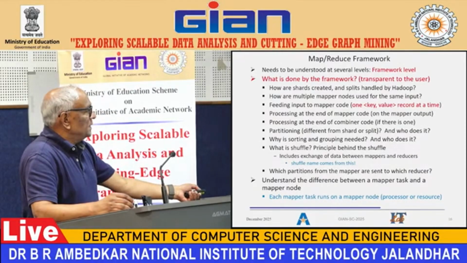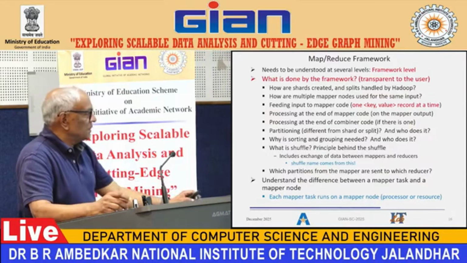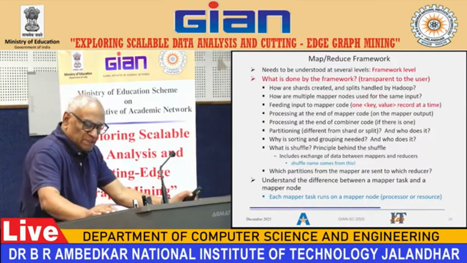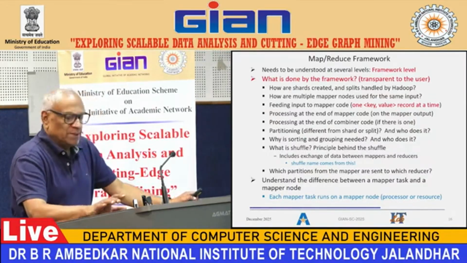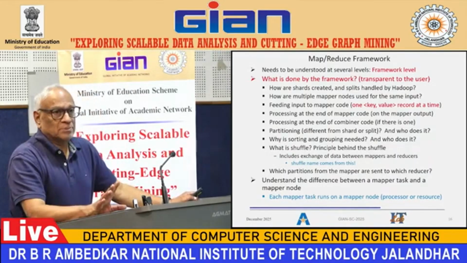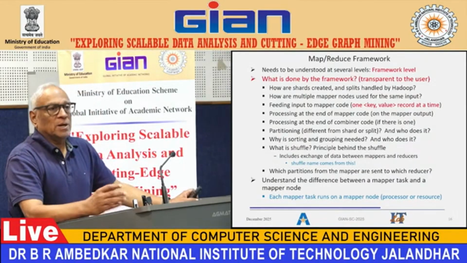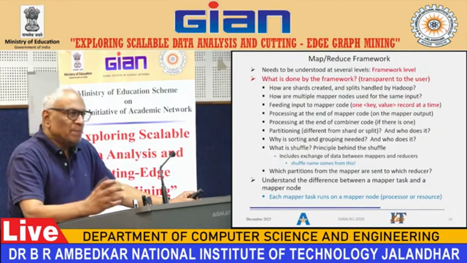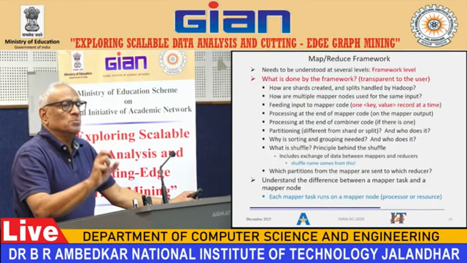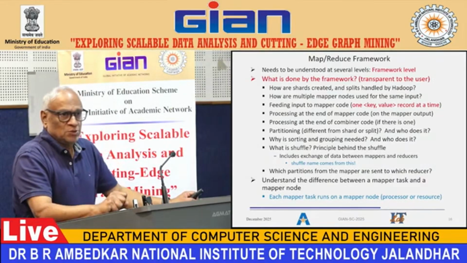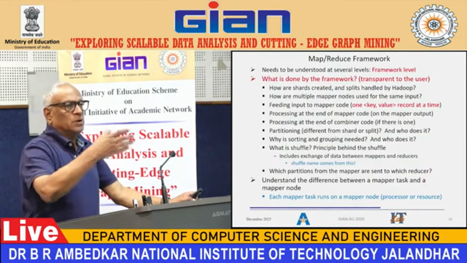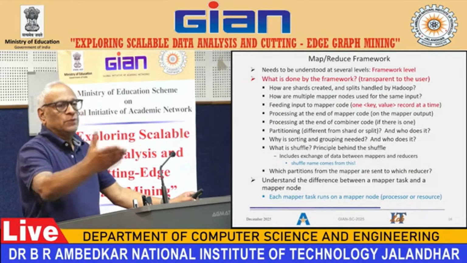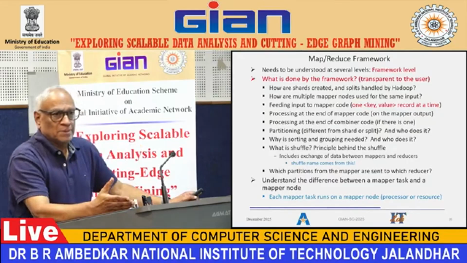Understand the difference between a mapper task and a mapper node. So this is also important to understand. A mapper node is a physical resource, like a CPU or a core. A mapper task is a logical computation. So you always run a logical computation on a physical resource.